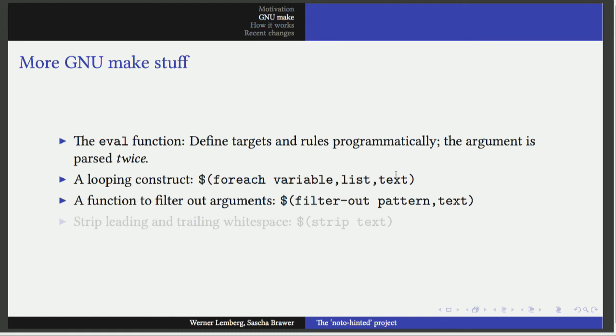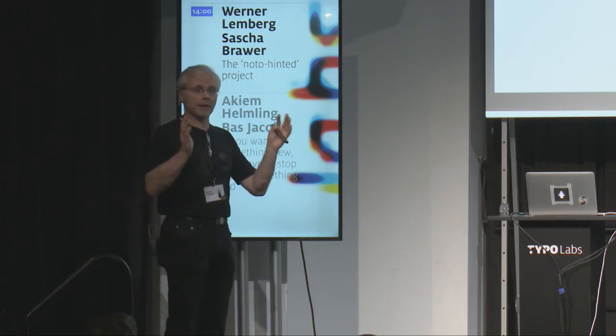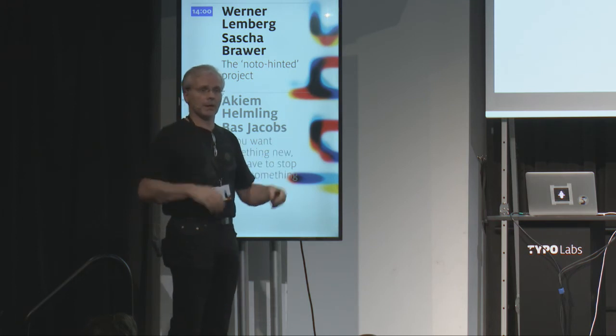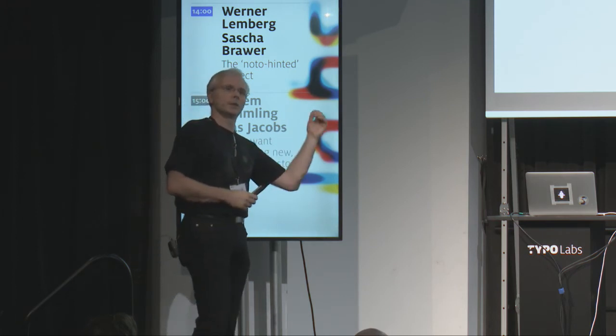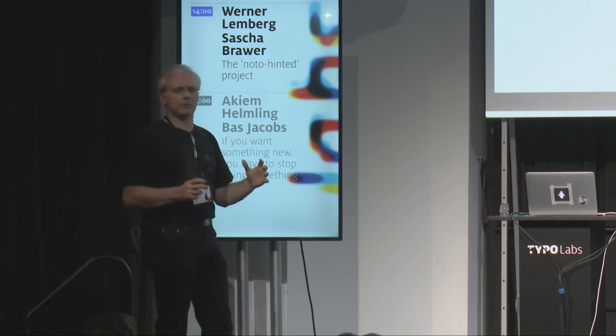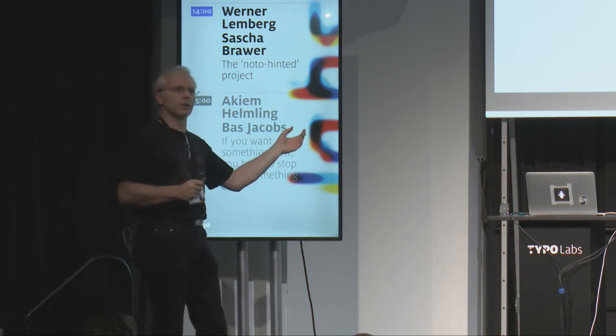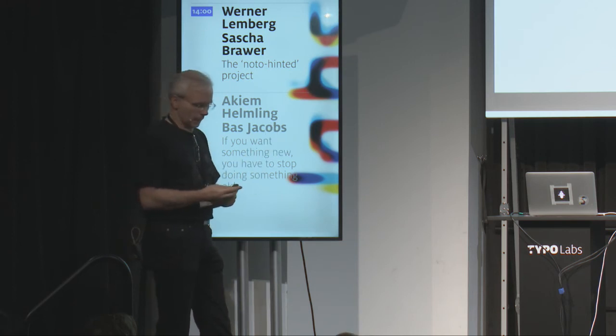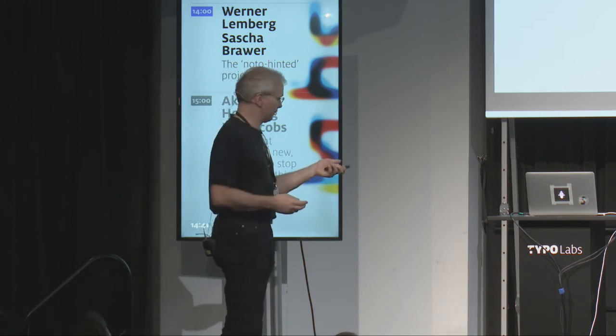Another quite useful function is to strip leading and trailing whitespace. I'm a big fan of adding whitespace to get better formatting and make everything readable, but as I told you earlier, Make is usually sensitive to spaces, so if you use these functions, space gets properly removed.